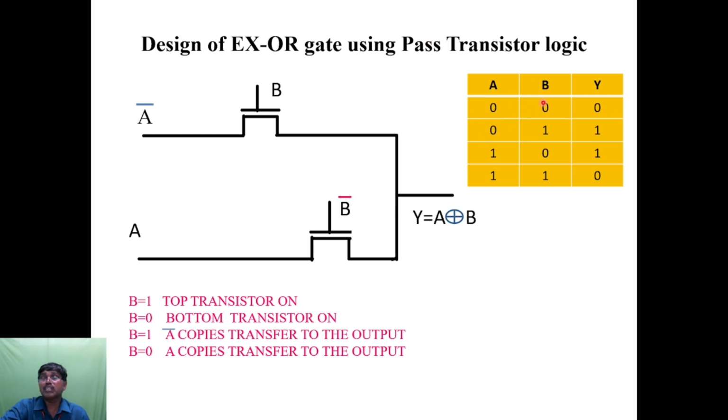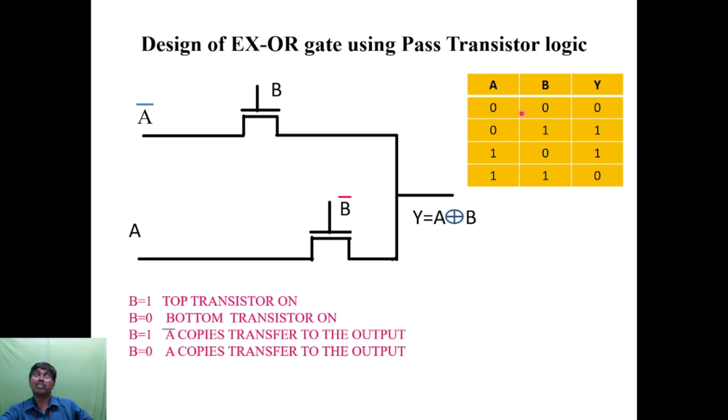Now we will see the first case, when B is equal to 0, or we have to say it is B bar. When B is equal to 0, check the data input: A is equal to 0, Y is equal to 0. And here B is equal to 0, check the data input, here 1 will be transferred. So what does that actually mean?